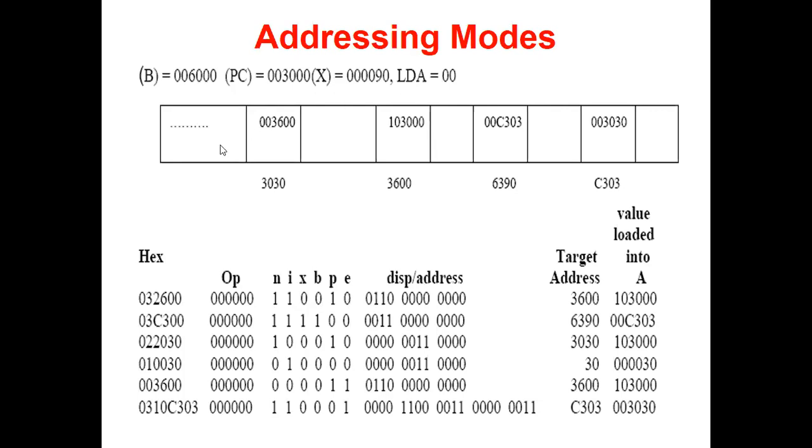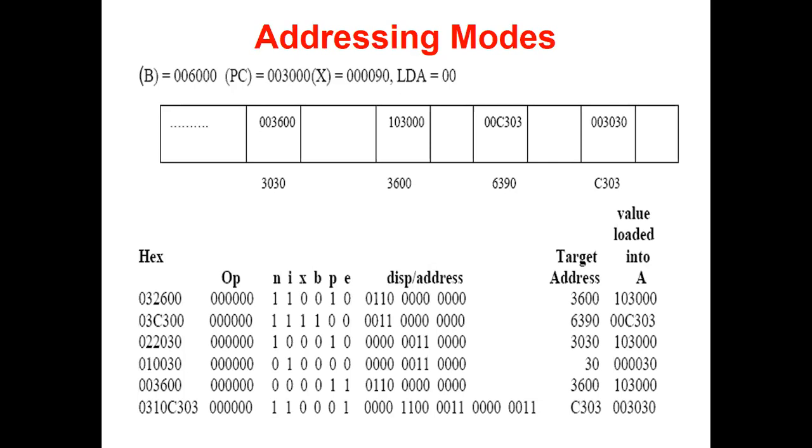Now you can see here, bit E is 0. You remember we said that when E is 0, then it means the format 3. So indeed, this is a format 3 because first of all, it is 24 bits, 3 bytes. But then when you look at bits B and P, B is a 0, P is a 1.